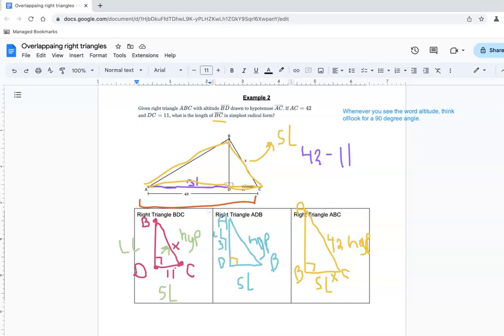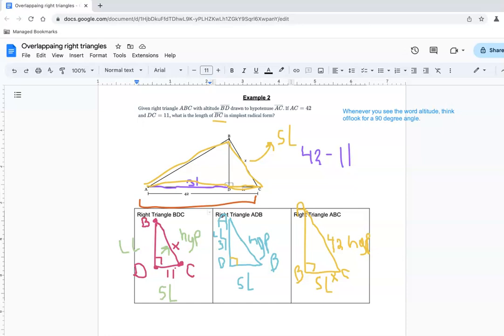And they're asking for the length of BC, right? So we're going to look at which two triangles have BC in them. And you might be wondering, will it always be two triangles that we choose? More than likely, yes, most of the time.